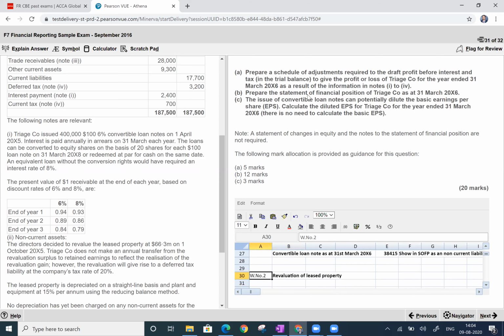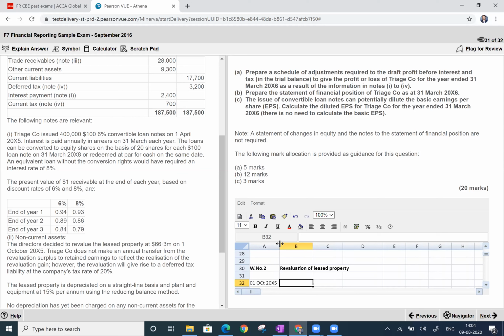When have they revalued? On 1st October 20X5, fair value is given. How much is the fair value? 66.3 million, that is 66,300.